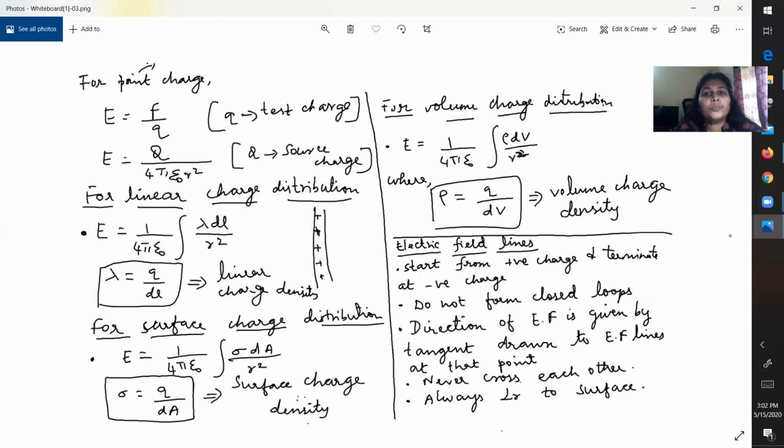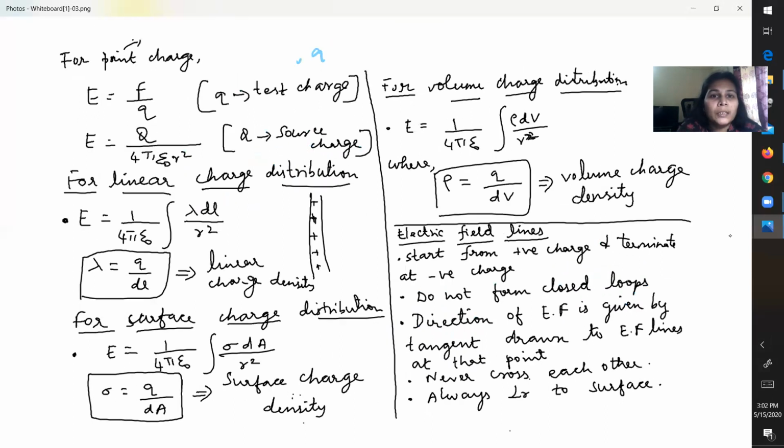Suppose I have only one charge Q. How much force will this other charge q experience due to the charge Q? Who is going to exert the force? This capital Q. So we call this the source charge, and this small q is known as the test charge.